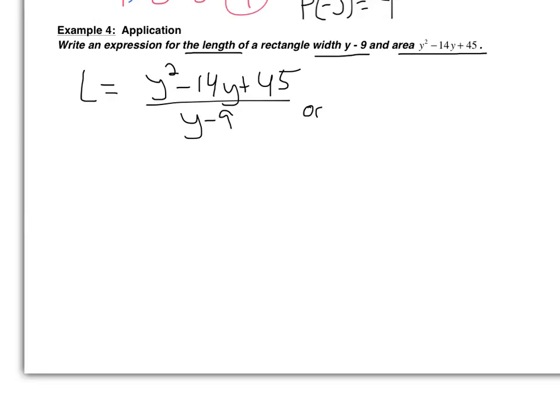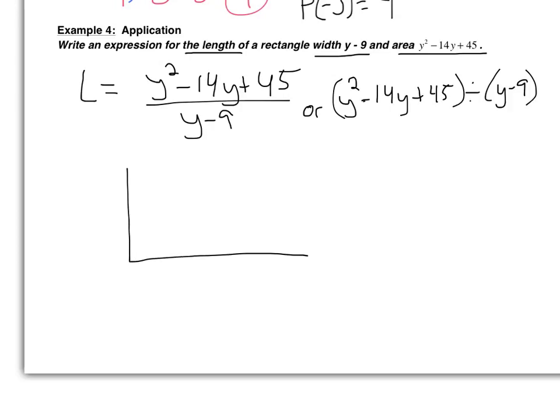Or you could also write it as y squared minus 14y plus 45 divided by y minus 9. And if we're using synthetic division, we know that we're going to divide by 9. So let's set this up.